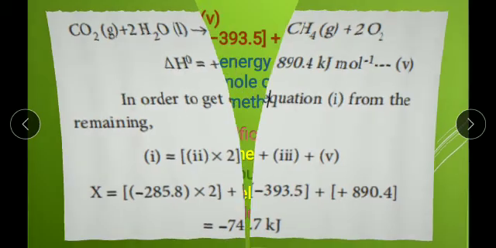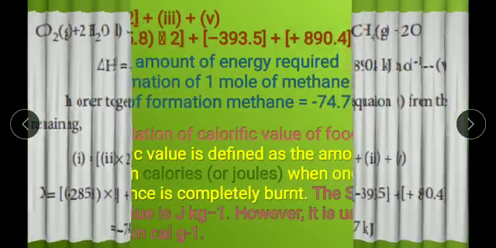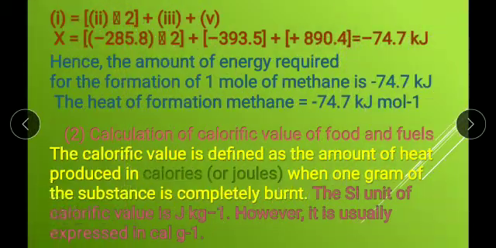Is it correct? Yes. The X value we calculated is minus 74.7 kilojoule. The amount of energy required for the formation of 1 mole of methane is minus 74.7 kilojoule.